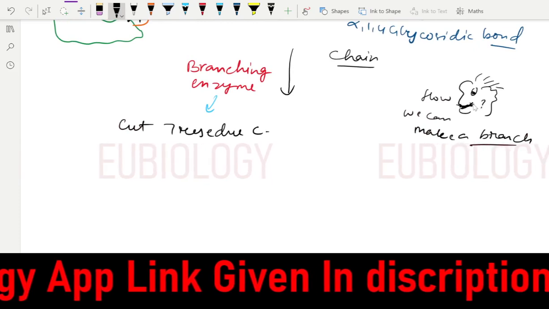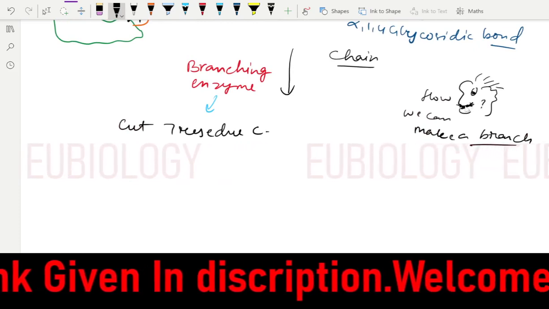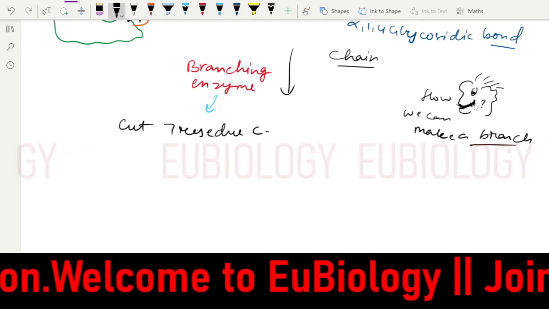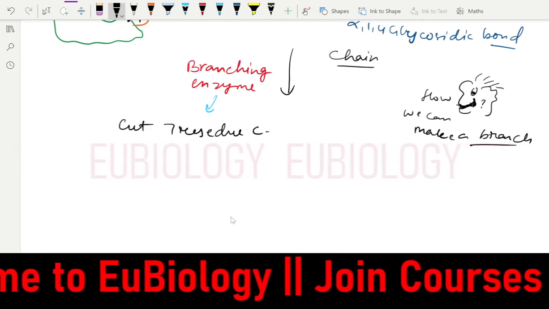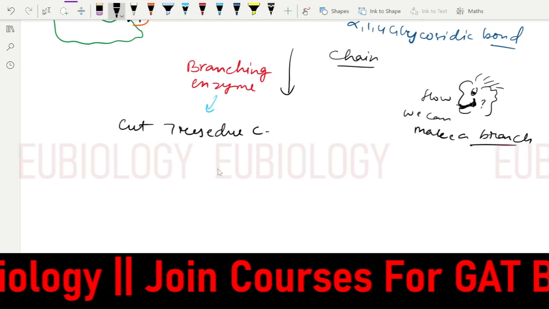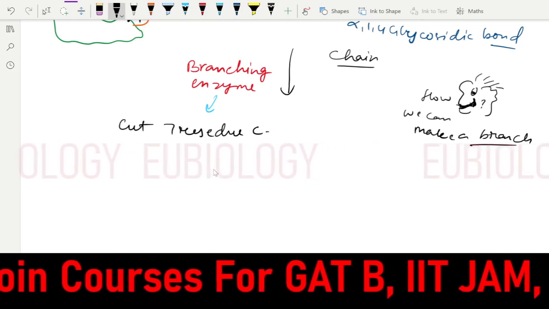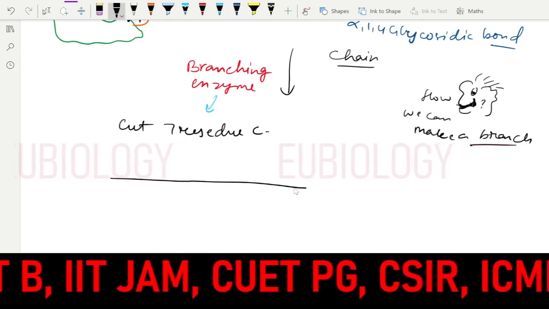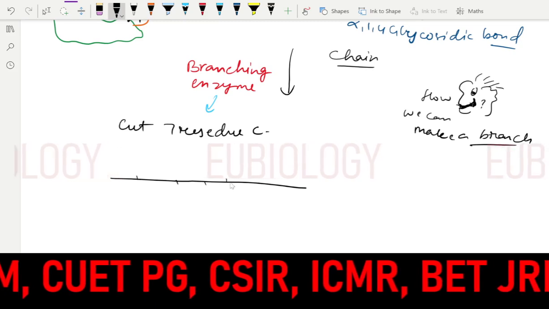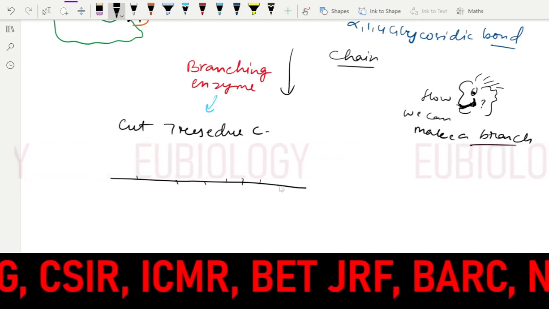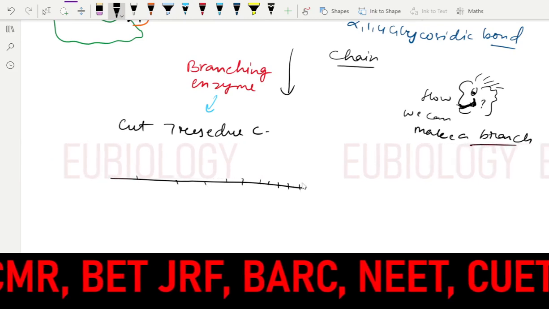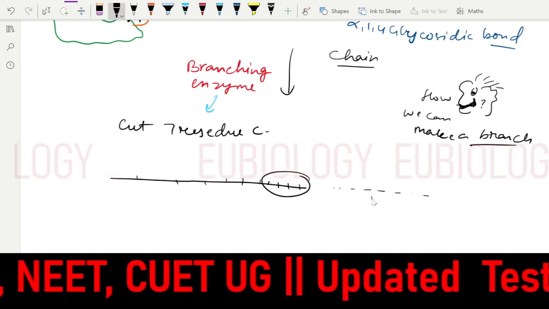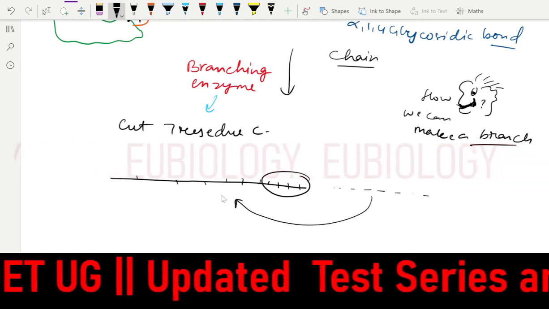This piece will be transferred at least 4 residues away from the nearby end. So suppose there are this many residues, 1 2 3 4 5 6 7. The last four you will leave, and the cut branch will be attached somewhere here.